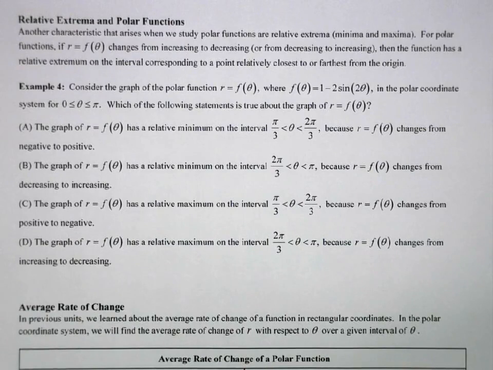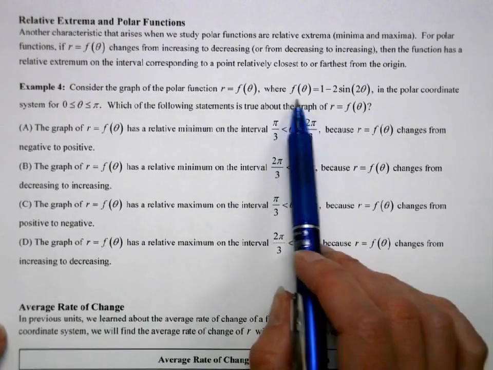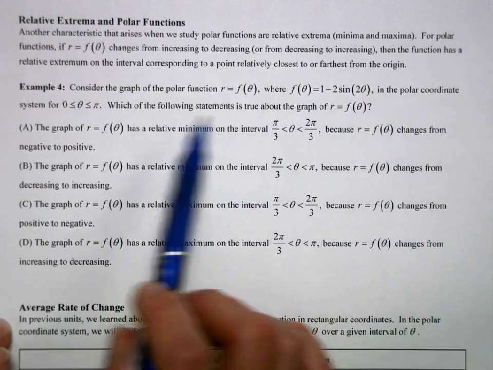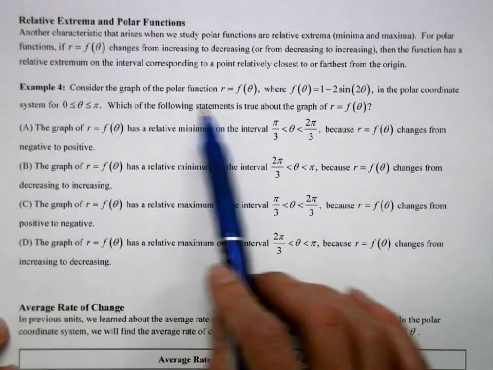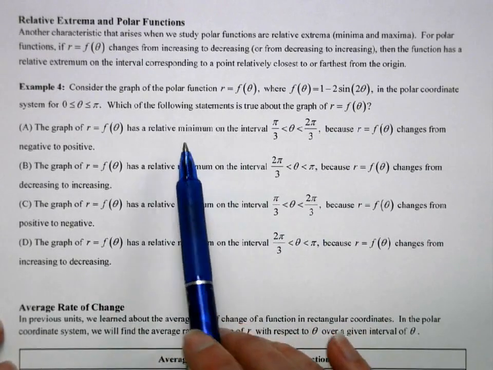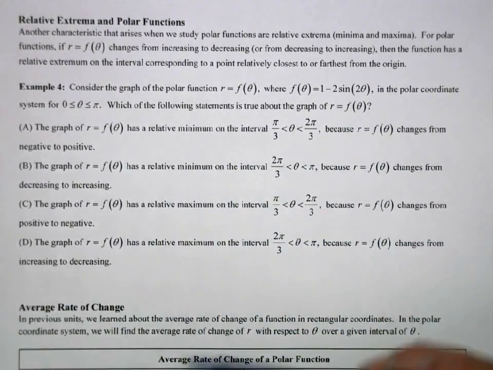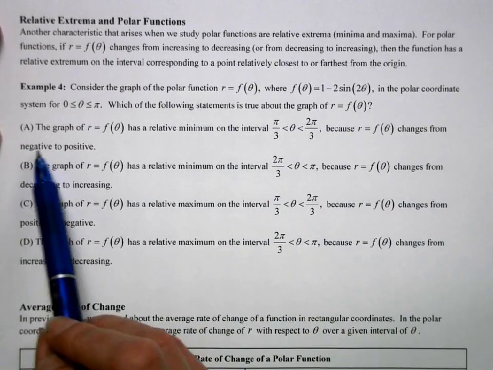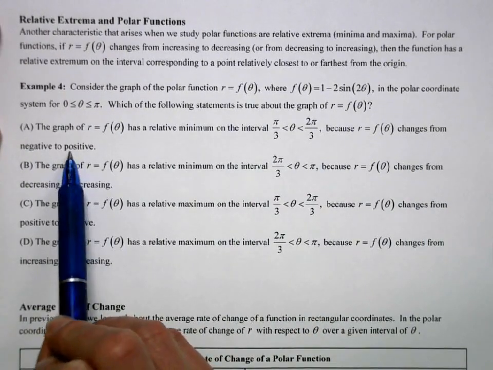So we're going to look at 1 minus 2 sine 2 theta between 0 and pi and figure out which of these statements are true. So this has a relative minimum on this interval because r of theta changes from negative to positive. That is not going to get us a max or a min.